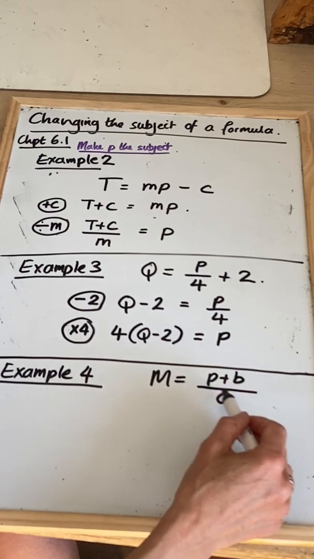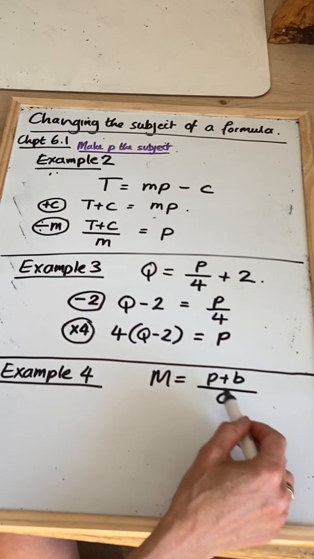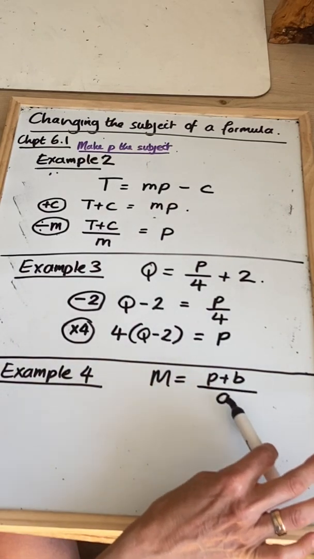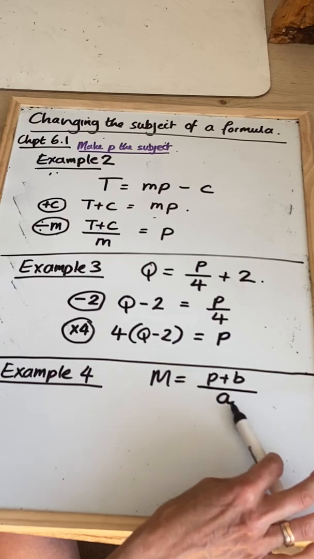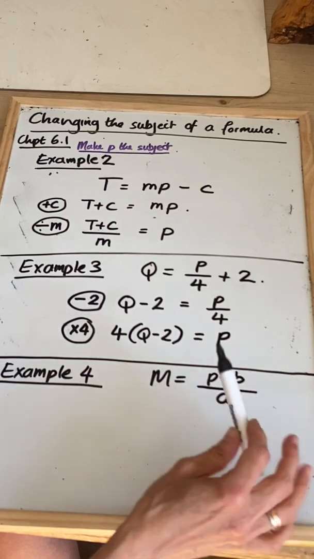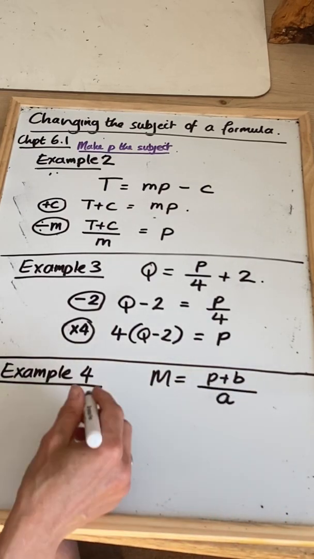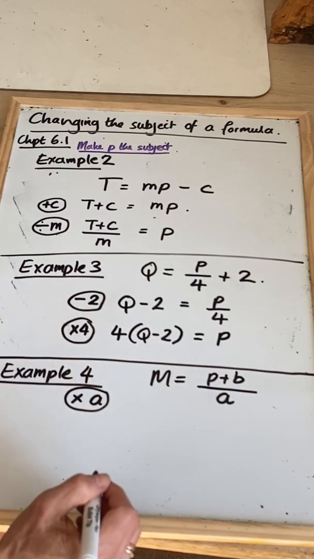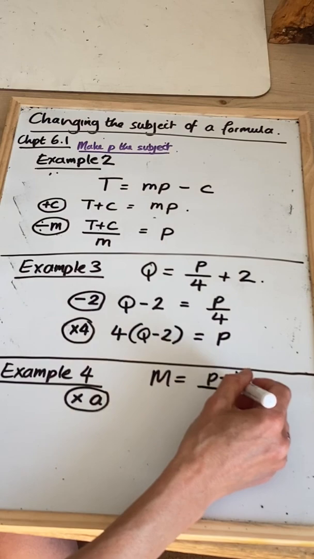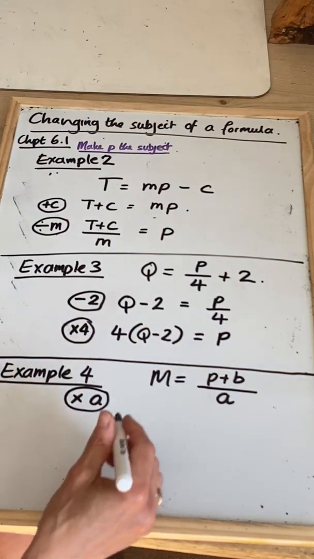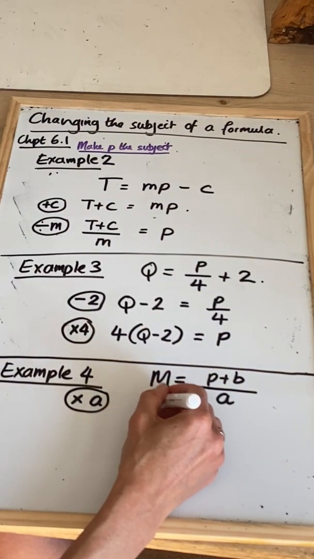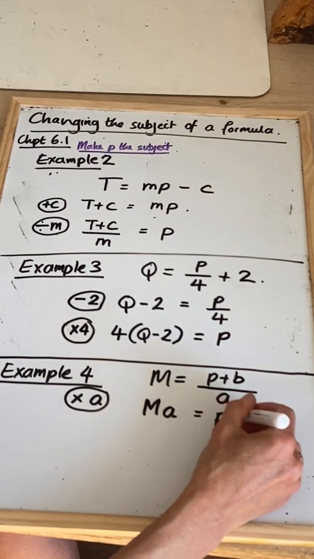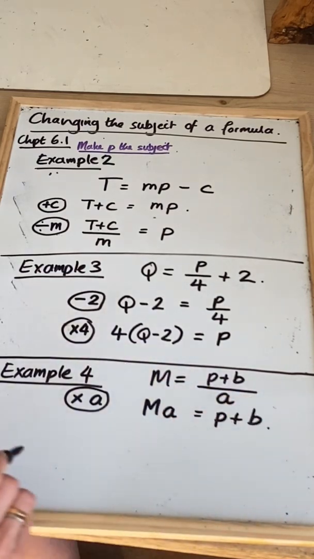And then it was divided by A. The whole thing was divided by A. So the last thing to happen to it was divided by A. So the first thing that we need to reverse out is the divide by A. So we're going to multiply by A to reverse that out. We have to do that to both sides. So we have an M multiplied by an A equals a P plus B.